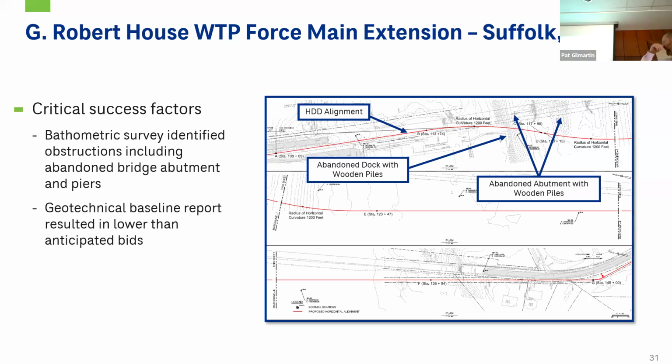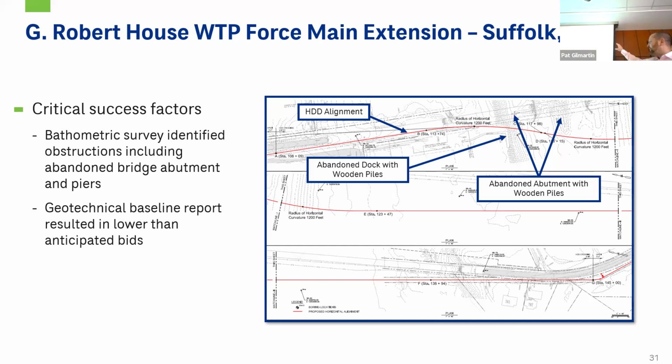This really does show you how the bathymetric survey helps. This was our HDD alignment in the red. It's stacked in three different alignments with match lines. Basically, we had an abandoned dock that we had to go around over here. There was a former fishing pier, and a former roadway whose bridge had been demoed.